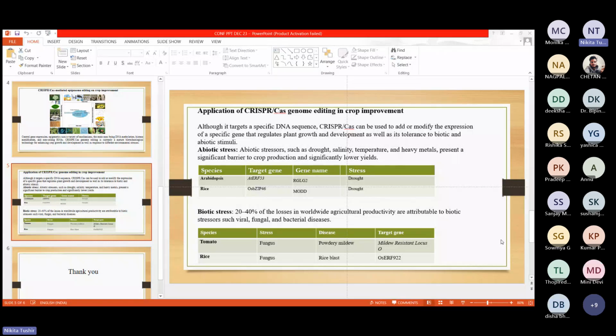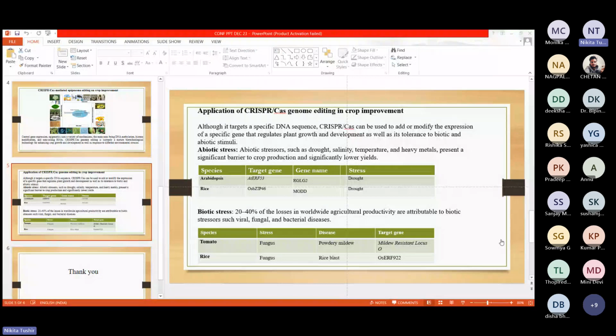Now coming to abiotic stress such as drought, salinity, temperature and heavy metals, which present a significant barrier to crop production and significantly lower yield. Here are some examples of abiotic stress in the plants Arabidopsis and rice.